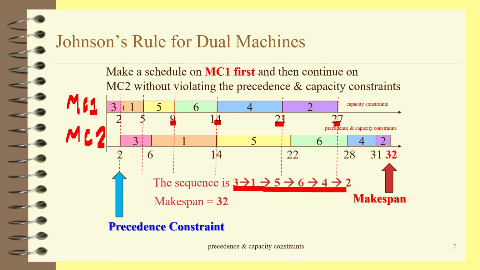Before you go to the second machine, please make a dotted line to project from the first machine to the second machine, so that you can notify the precedence constraint. Okay, 2, 5, 9, 14, 21, 27.